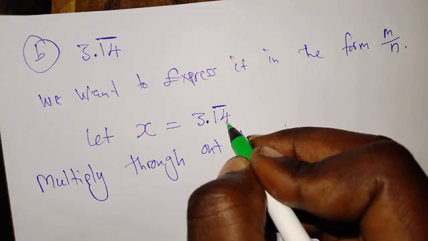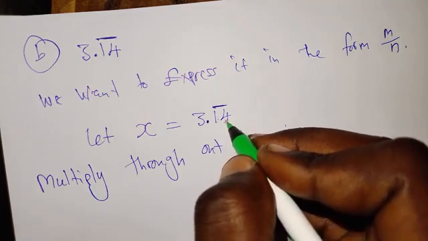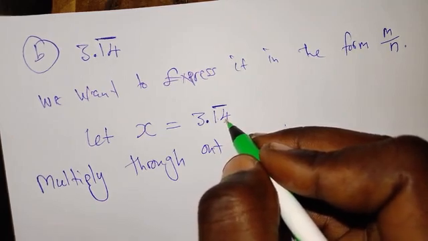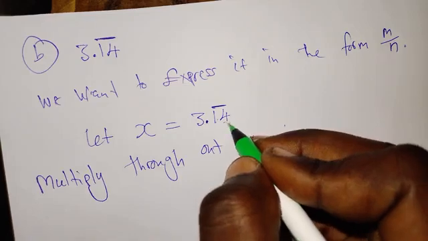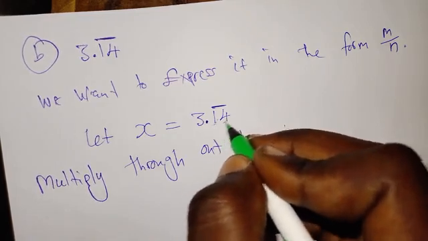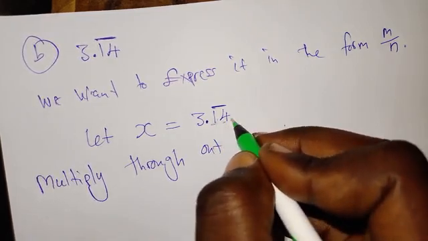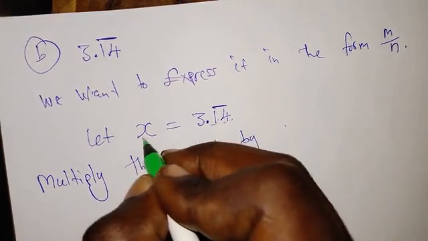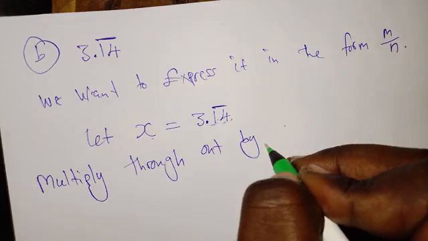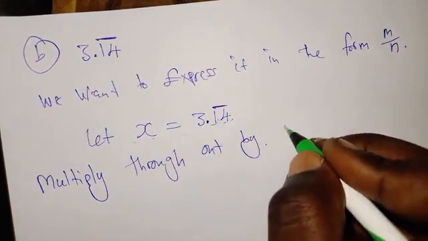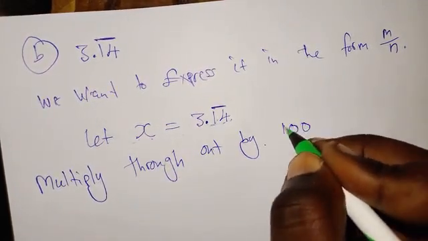But remember, we need to have the same repeating numbers. So if two numbers are repeating, I'm not going to multiply x by 10, but I'm going to multiply x by 100.